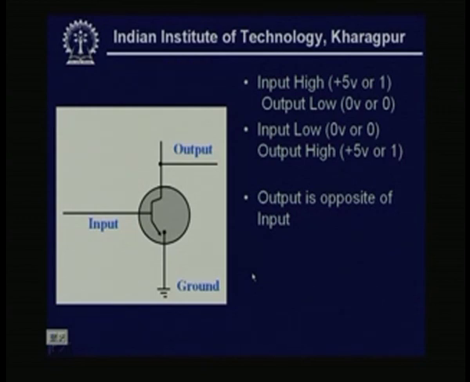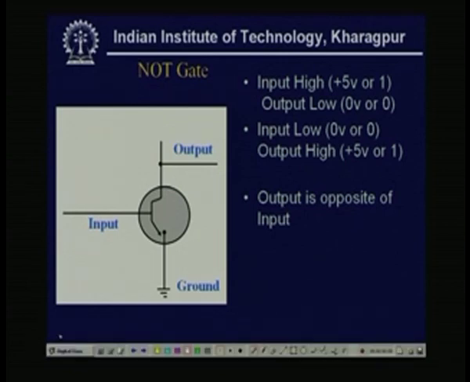Now, this is a NOT gate, the same thing we have taken, because NOT means that whatever I apply to the input, I want it inverted. Say my input is A, using some notation. Input high, a high voltage of plus 5, I represent as 1.